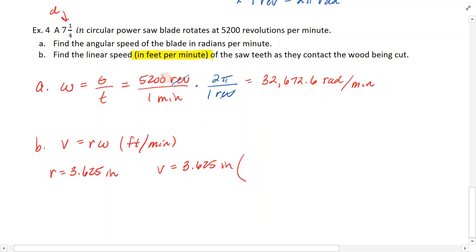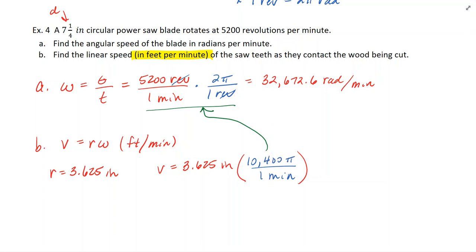I'm going back to 5,200 times 2 pi, which ends up being 10,400 pi over 1 minute. I'm doing that so I don't end up with any rounding errors right off the bat.